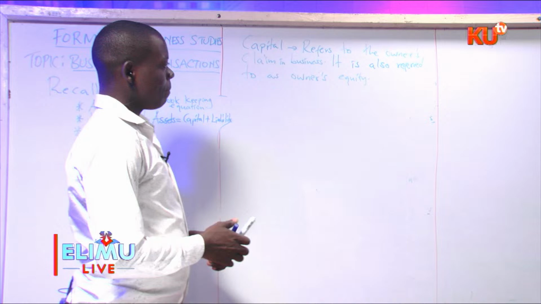Our selling price less the cost price is 70 less 20, giving us how much? 50 shillings. Therefore, the 50 shillings is what we are calling the profit. Therefore, profits are gains that are made when a product is sold for more than the cost price.